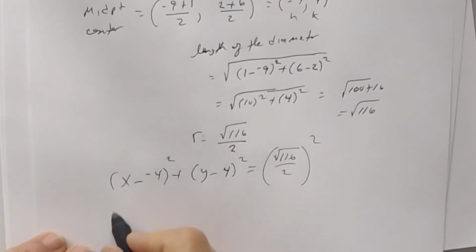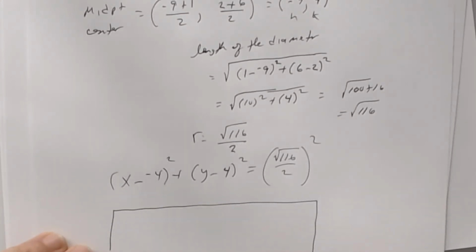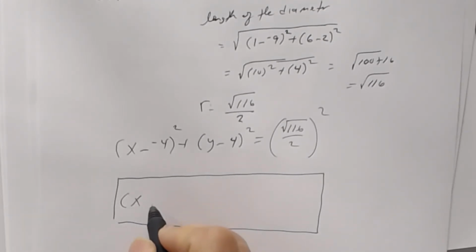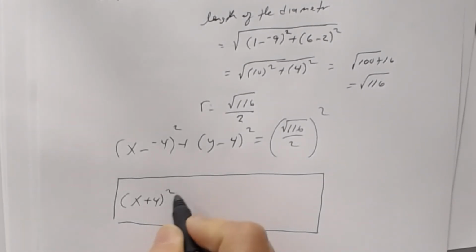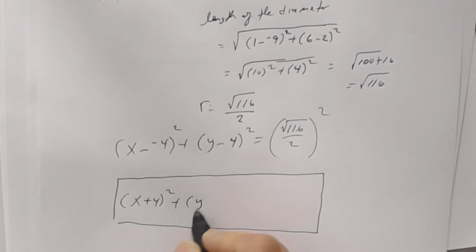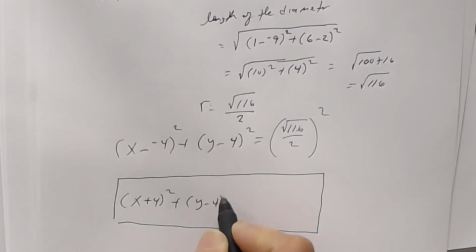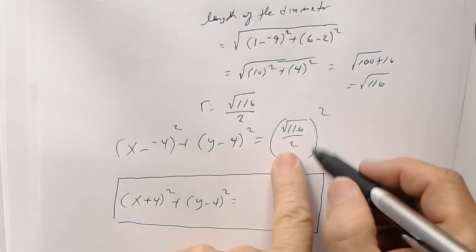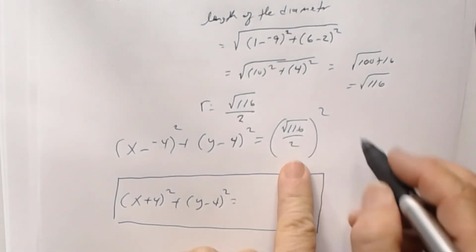So now the answer, you're going to say x what? Plus 4 squared plus y minus 4 squared equal, and let's go off to the side and figure this out. So the square root of 116 divided by 2 times itself.